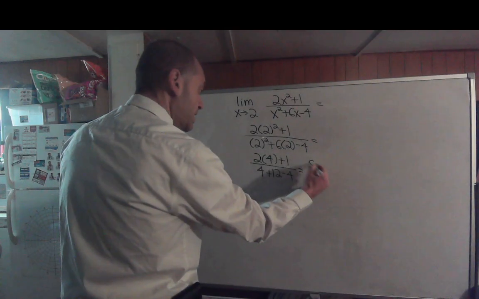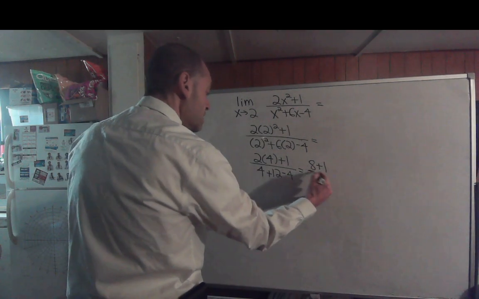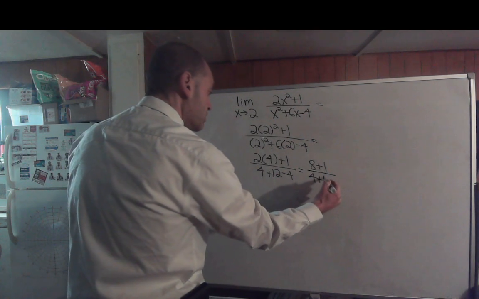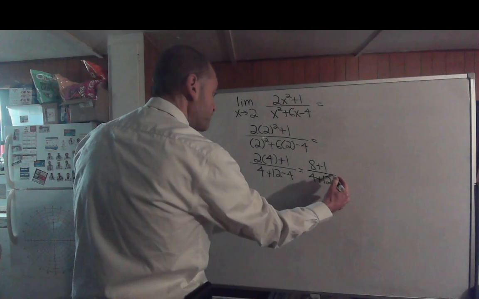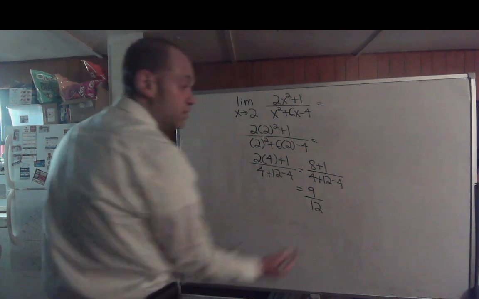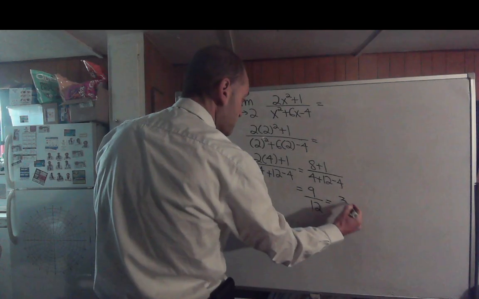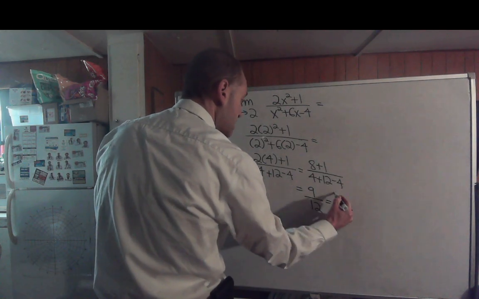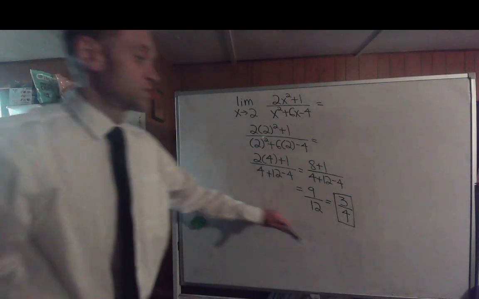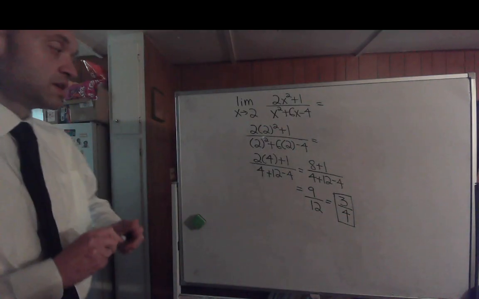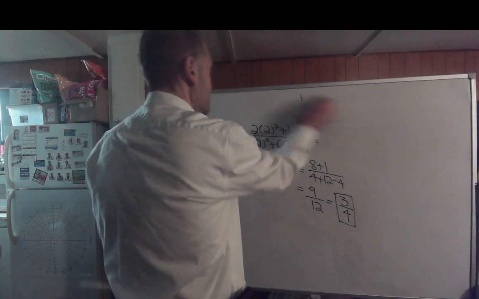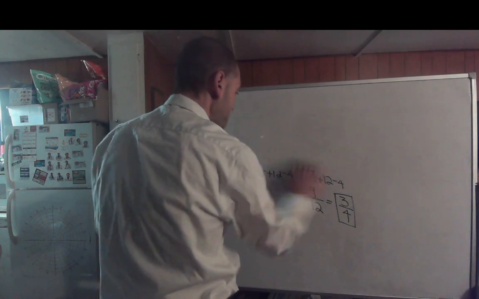So this would equal 8 plus 1 over 4 plus 12 minus 4, which would simplify into 9/12, which we know 9/12 would reduce to 3/4. So the limit as x approaches 2 of this function is going to be 3/4 by direct substitution. Let's do one more of direct substitution, then we'll move on to the next method.